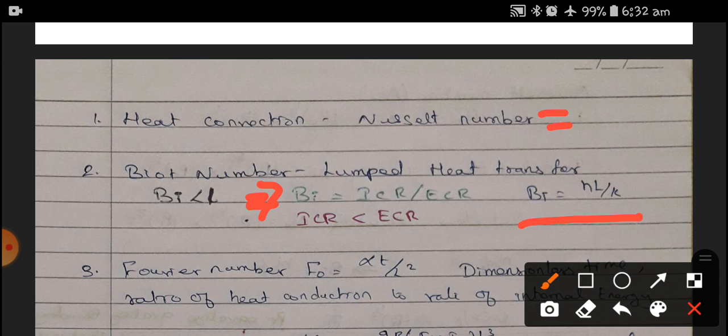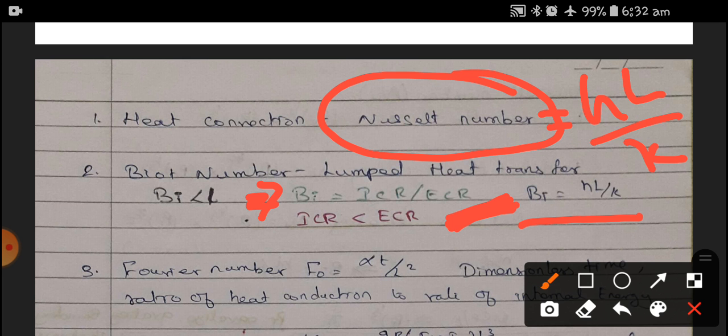Similarly, Nusselt number is also hL by k, but the Biot number is based on resistance, and the Nusselt number is for convective heat transfer. You can notice this. Biot number is for solids, and Nusselt number is for liquids. For liquid flows, we use the Nusselt number. For solids, for conduction and convection, we use the Biot number.